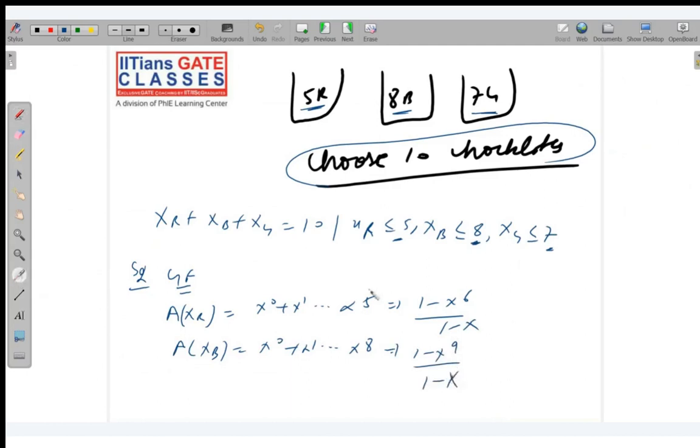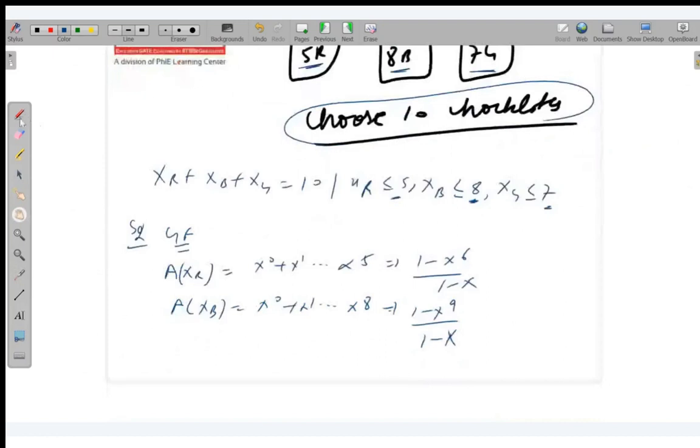Now I will not apply the formula again and again, I will just count 9 terms. Generating function for green: x power 0, x power 1 up to x power 7, which is 1 minus x power 8 upon 1 minus x.